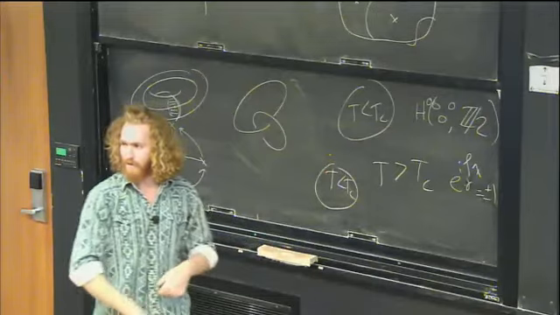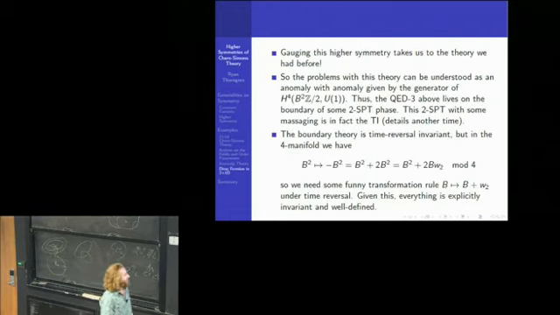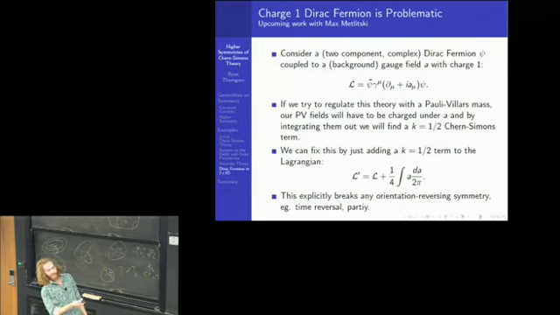Never sees lambda. So this is a symmetry of the theory. And it's also the symmetry of any sort of Maxwell term or other things that I would add to this. And I just told you that gauging the symmetry is like dividing the gauge field by k. Here k is 2. So if I divide A hat by 2, I get A. So great, I can gauge the symmetry to get into the problematic theory.